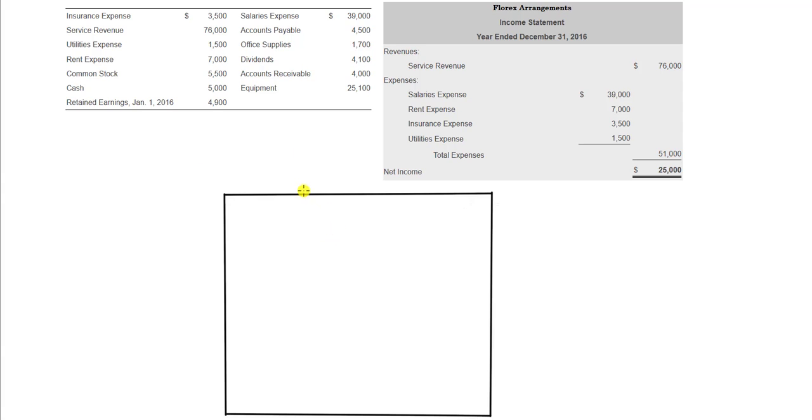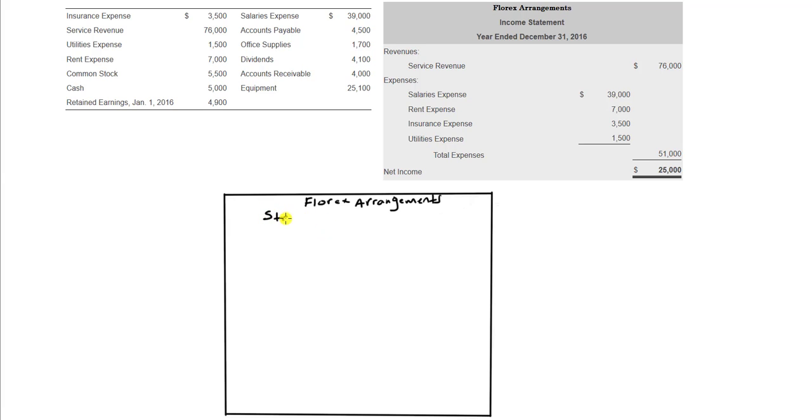First, we'll put our title. Business name is the first line of the title. Okay, Florex Arrangements. Okay, the second line is the name of the financial statement that you are making.